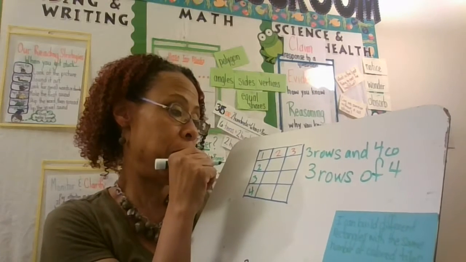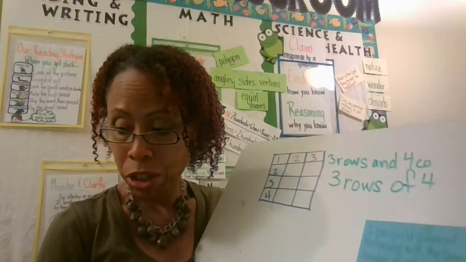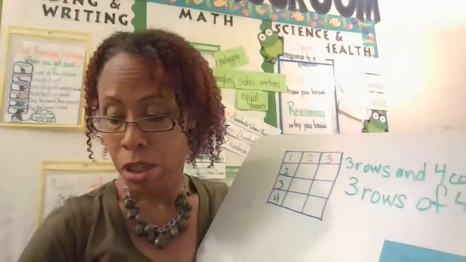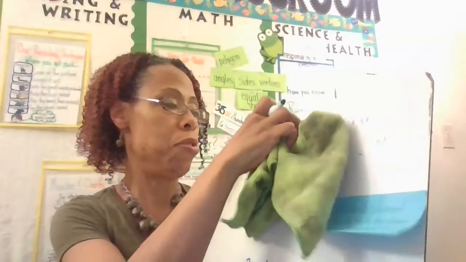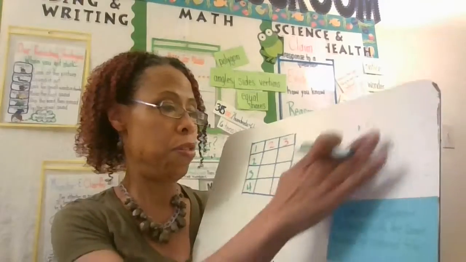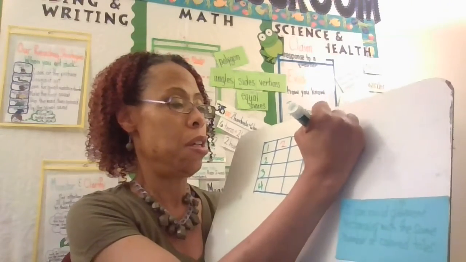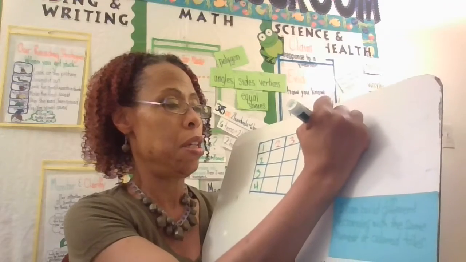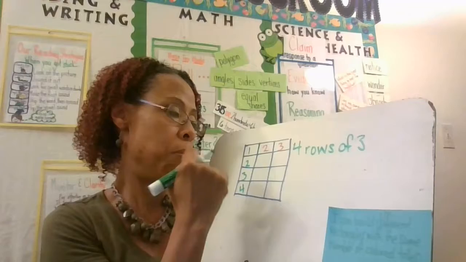This time it's 4 rows. Let's make a quick change, so we want to make it accurate for what we've drawn. There's 4 rows, 1, 2, 3, 4. So 4 rows of 3. There's 3 in each row, but there's 4 rows.